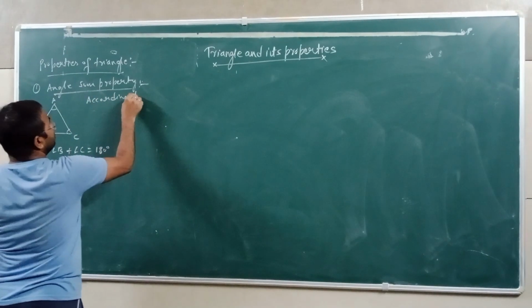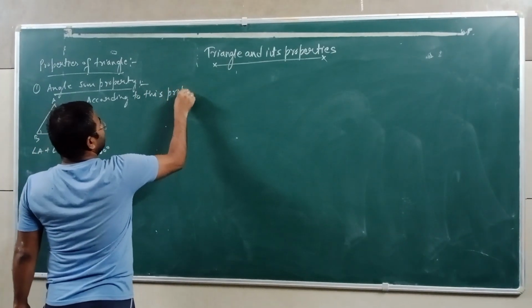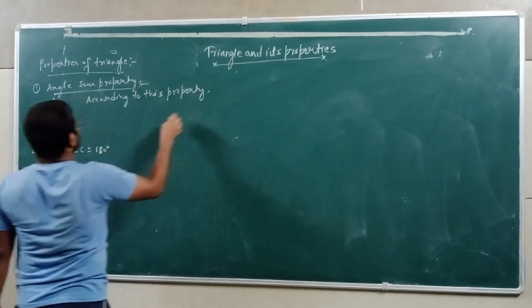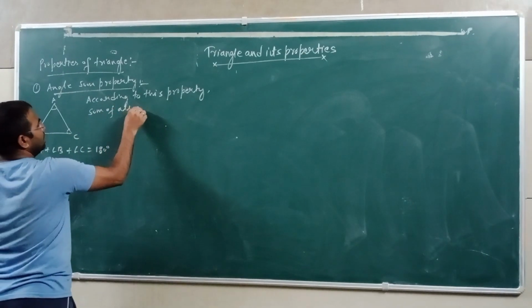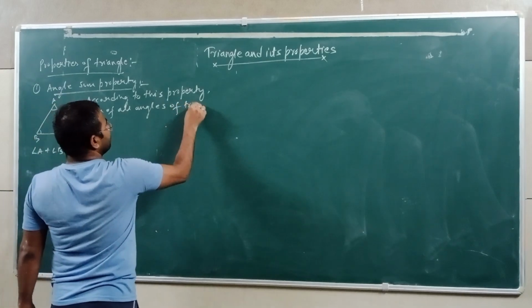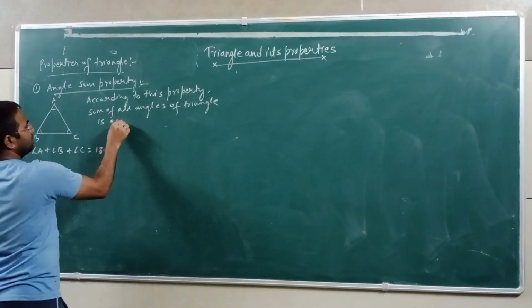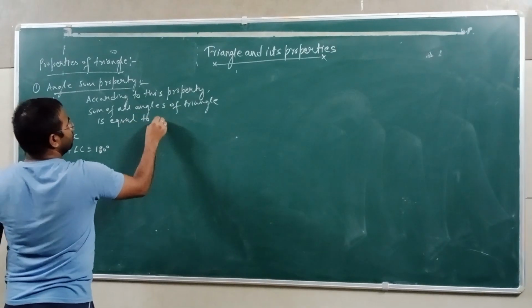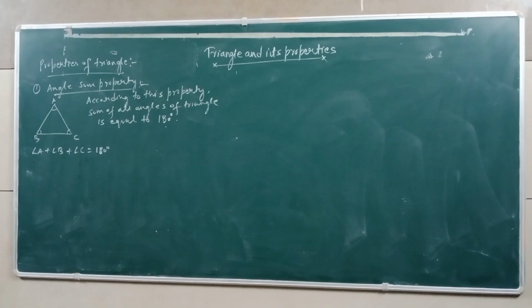According to this property, the sum of all angles of a triangle is equal to 180 degrees. So this is the angle sum property.